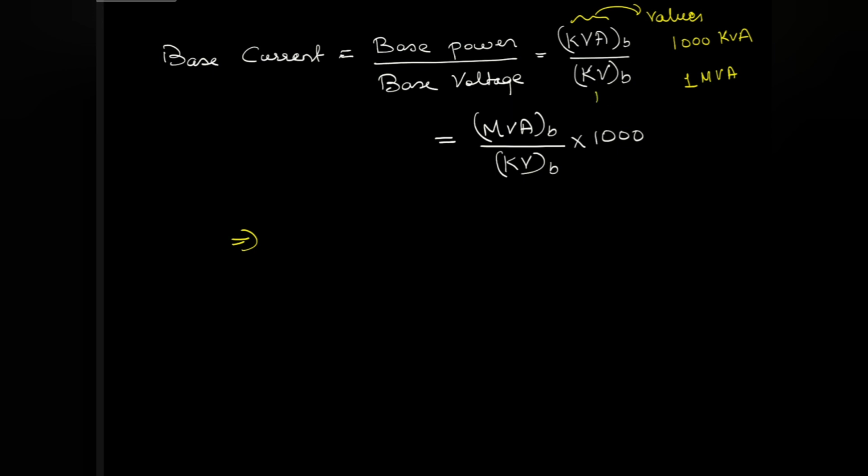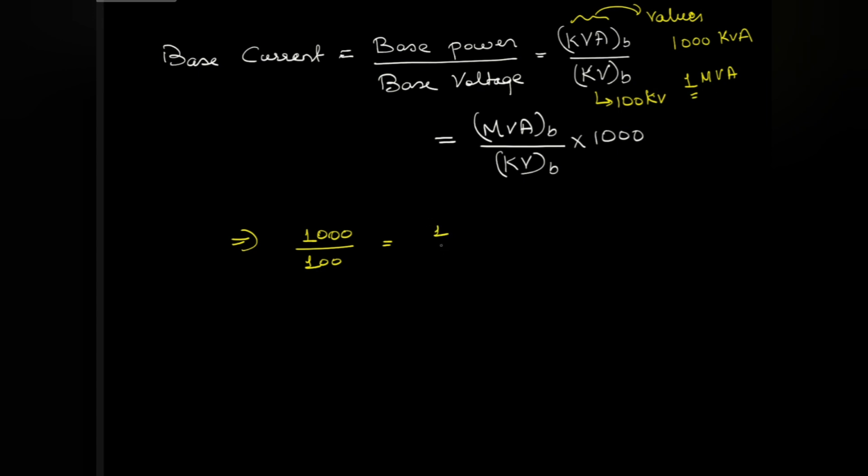And suppose the kV value is given as 100 kV. Okay, so we only take values here. So what is the value of kVA? That is 1000 kVA divided by 100 kV. Now if we write this in MVA value, in MVA what is the value?